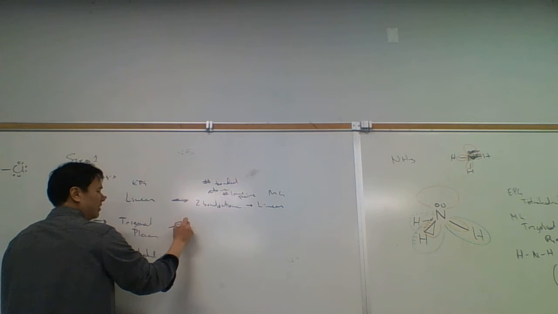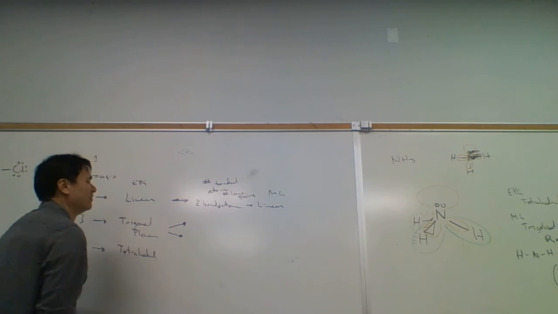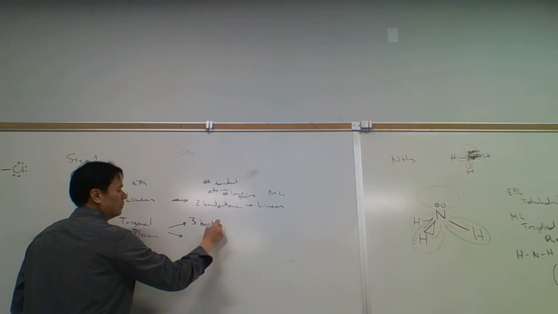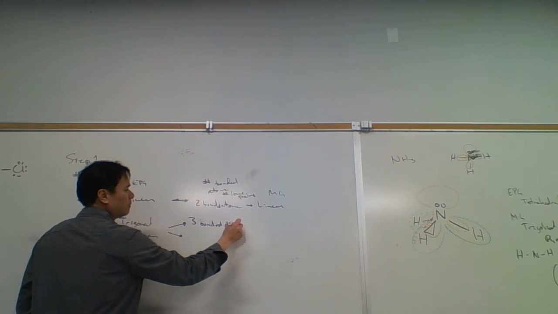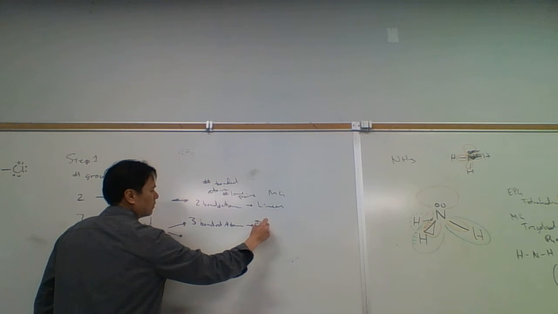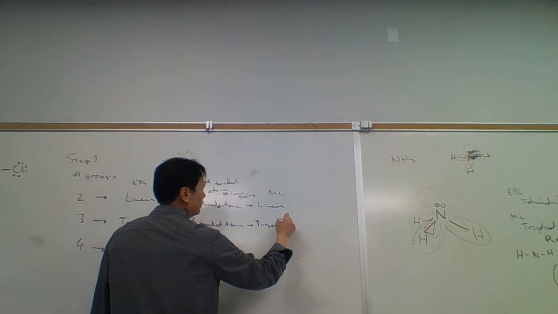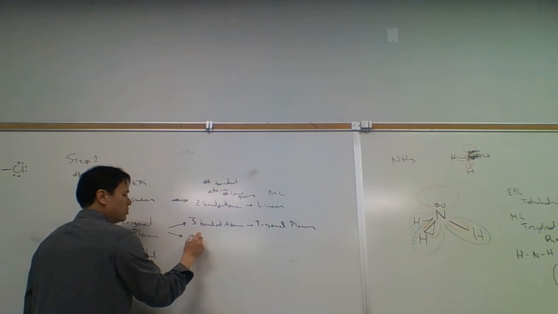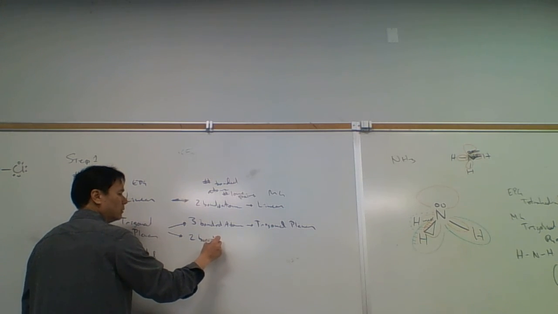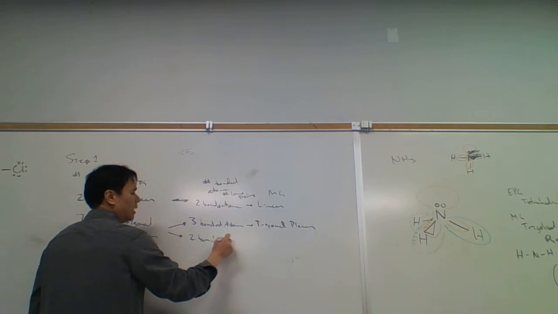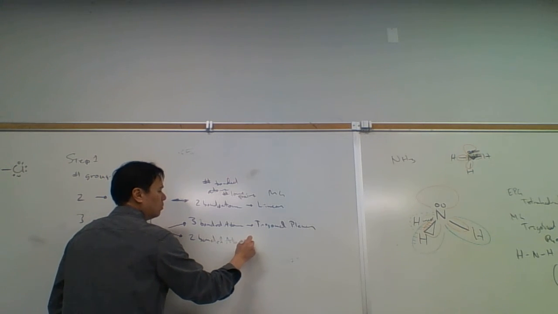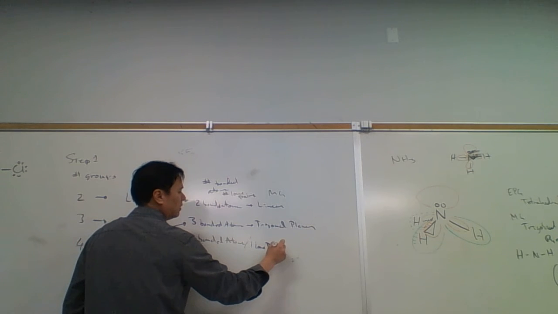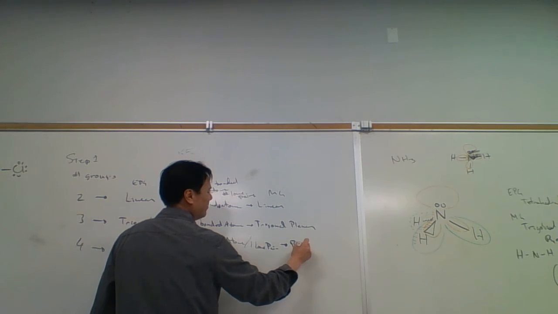For trigonal planar, we have 2 scenarios that come up here. We have 3 bonded atoms, which gives us trigonal planar. Or we have 2 bonded atoms, 1 lone pair, which gives us bent at 120.